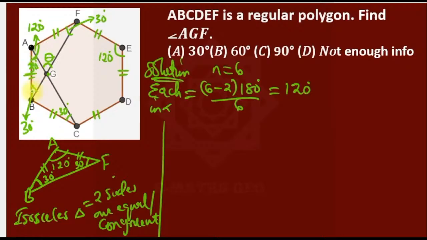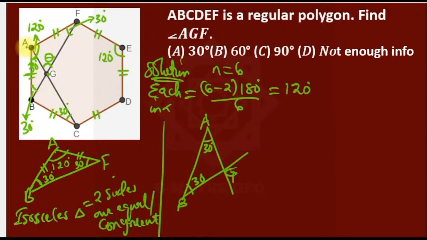Look at this triangle, triangle A, B, and G here. I've gotten here to be 30, and here to be 30. Using the same logic, here is 30, 30.